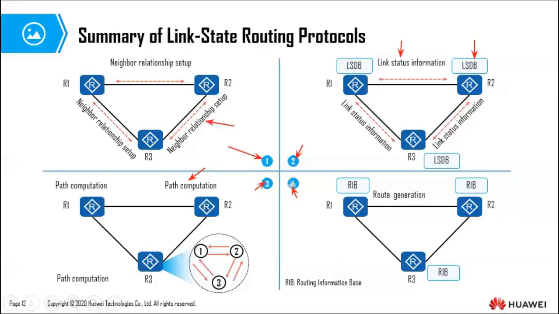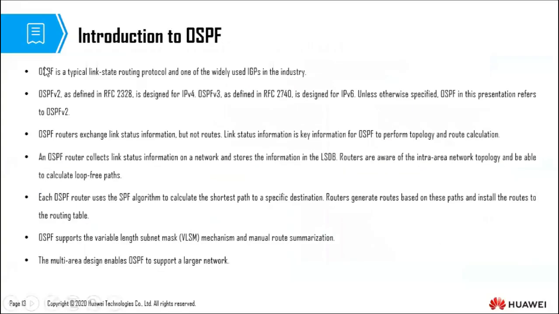Then step number four, we go ahead and save the best or optimal routes in what we call the routing information base, RIB, which is now the routing table really. So don't forget this, by the way. I think it's important that RIB stands for the routing information base.